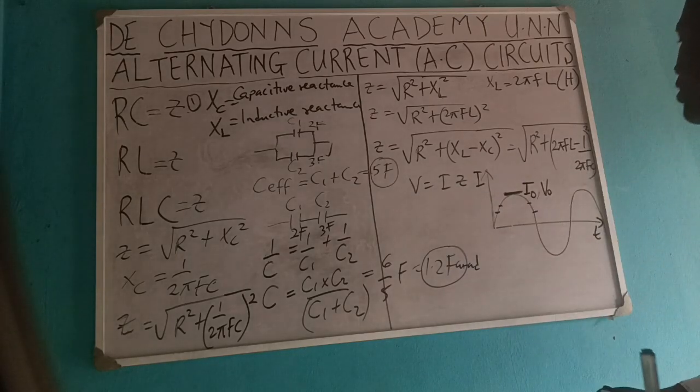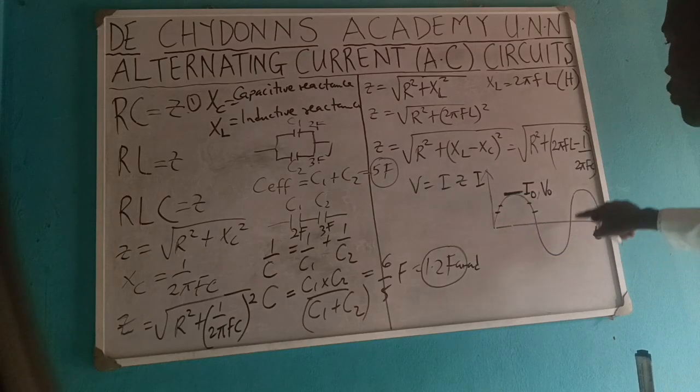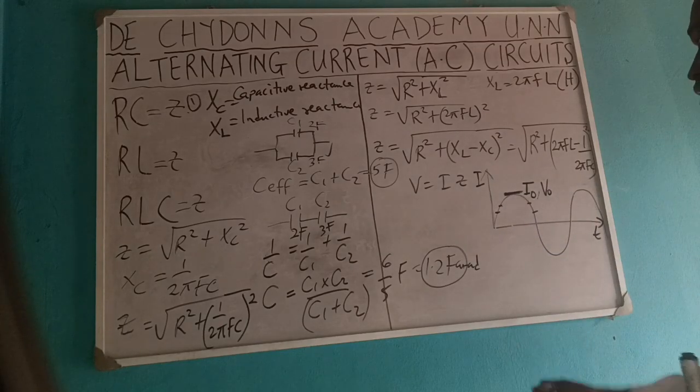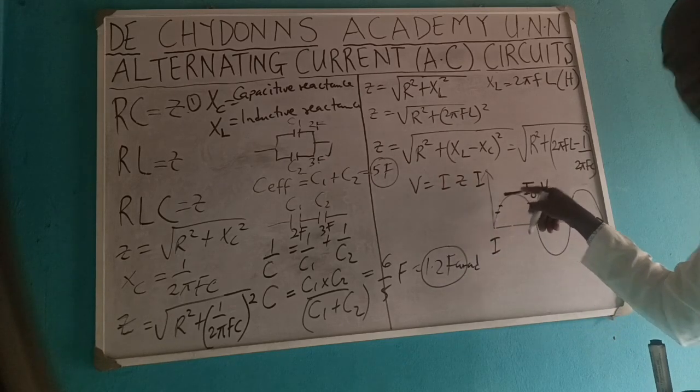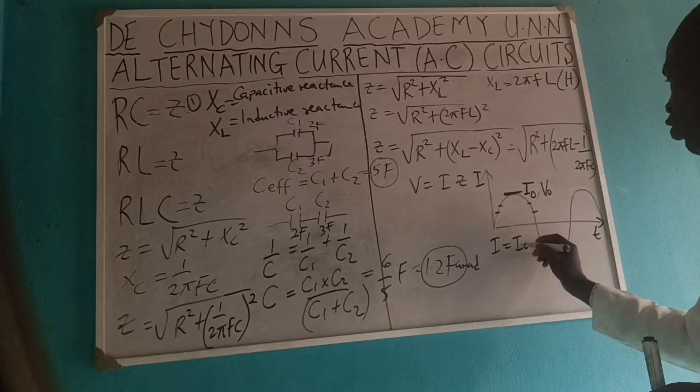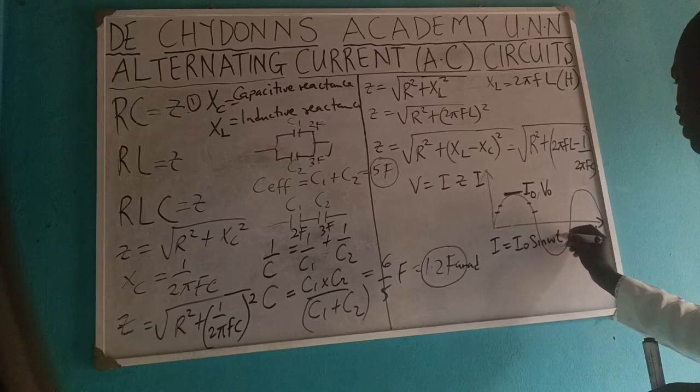Since this is moving in a sinusoidal pattern, as we said, the current at any point that is not the peak will be equal to I0 sine WT.